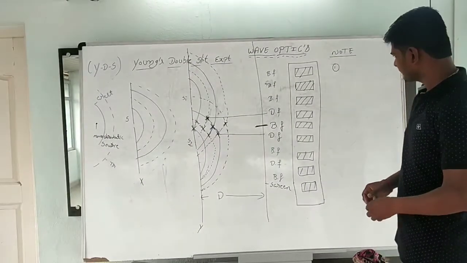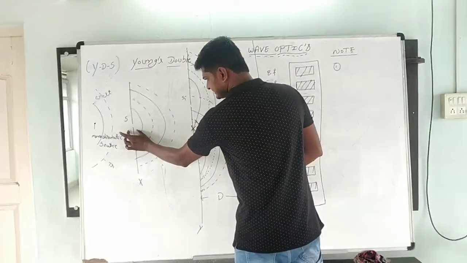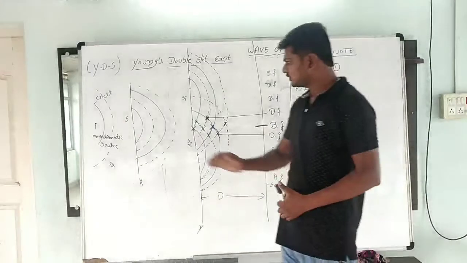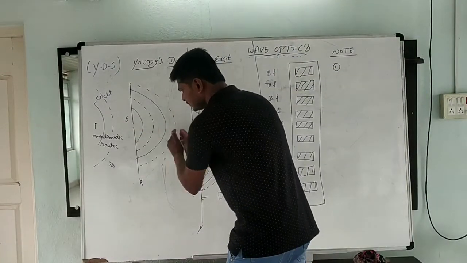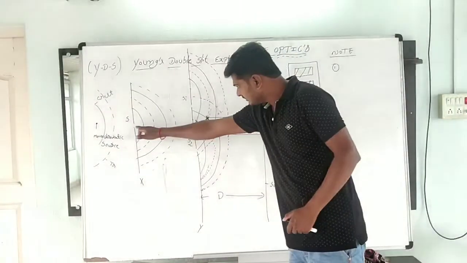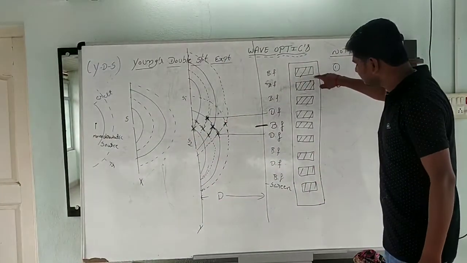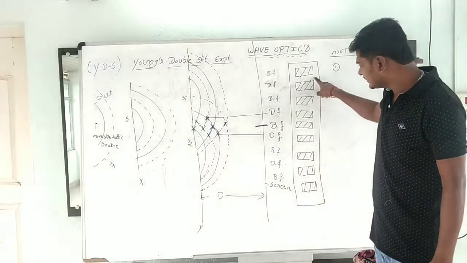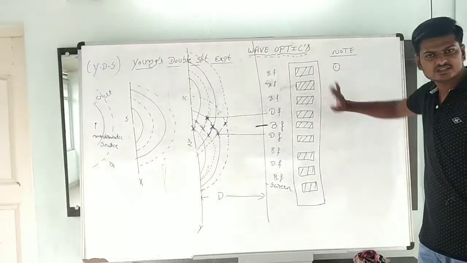First point: what happens when the slit S is moved towards S1 and S2? When I move the slit S towards S1 and S2, this distance decreases. The brightness of the fringes will increase, but the fringe width does not change.